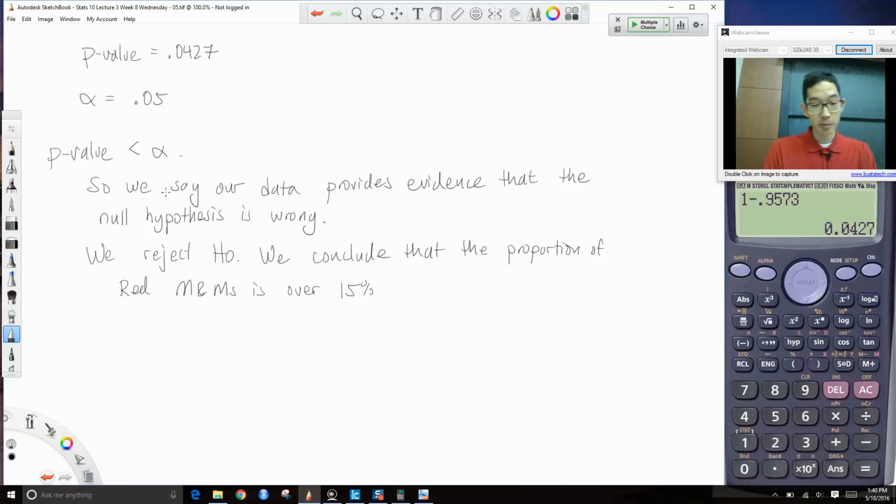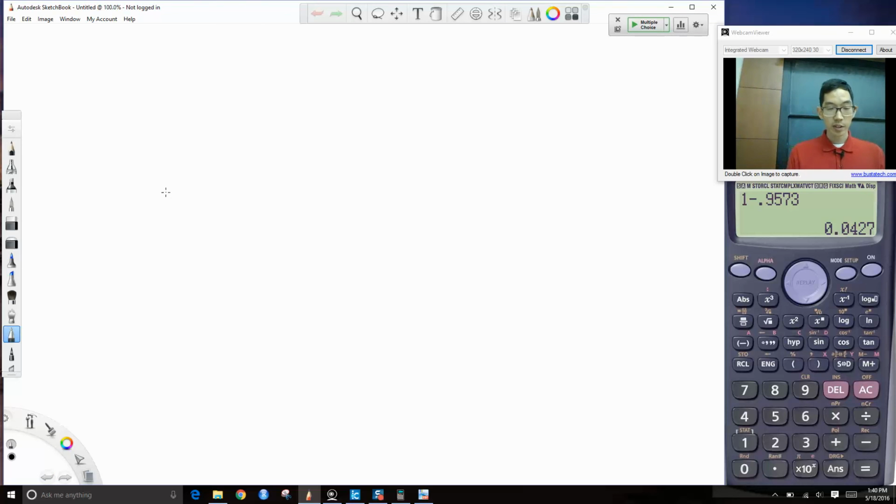Okay, let me talk about the significance level a little bit more in detail. So we said if our p-value ends up less than alpha, we reject the null hypothesis.